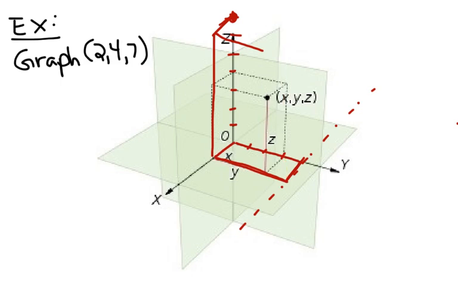Let's see, I went too far. Here's my 3-dimensional box. Now, to find the point 2, 4, 7: 2 along the x-axis, 4 along the y-axis, 7 along the z-axis, and this is where the point 2, 4, 7 would be located.